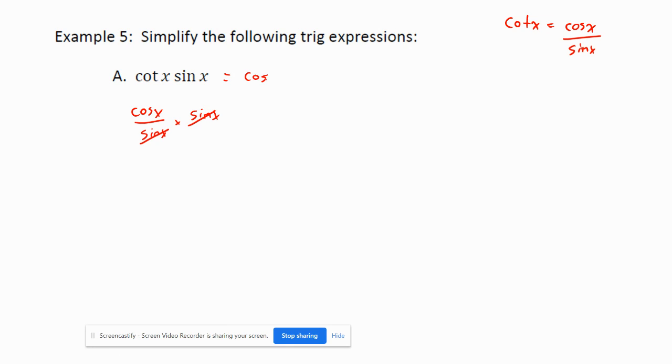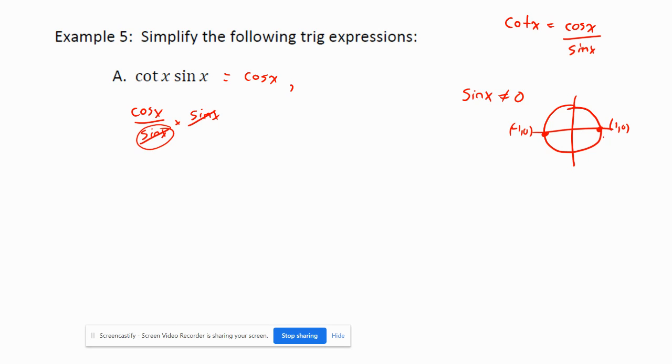cos x. Okay, now we have to have one more condition here. We have non-permissible values because we have sine x in the denominator. So that means that sine x cannot equal 0. And off our unit circle, where does sine equal 0? Well, it equals 0 here and here. Right?